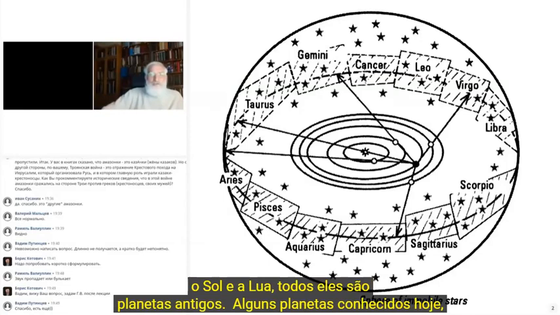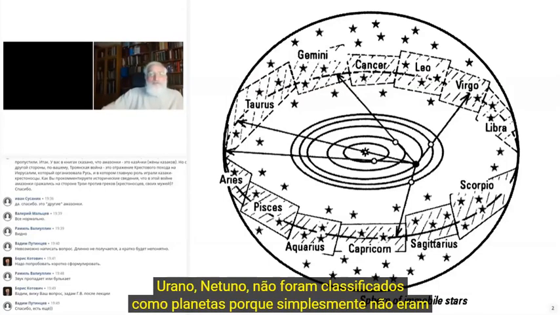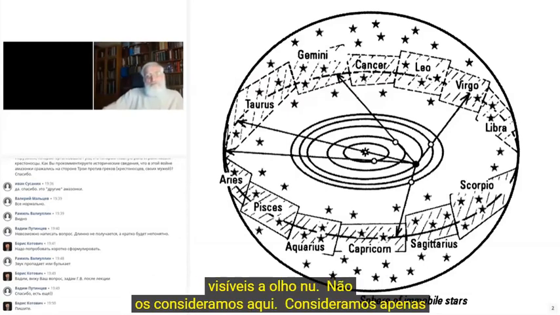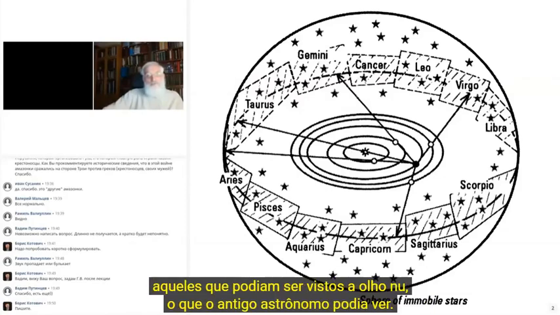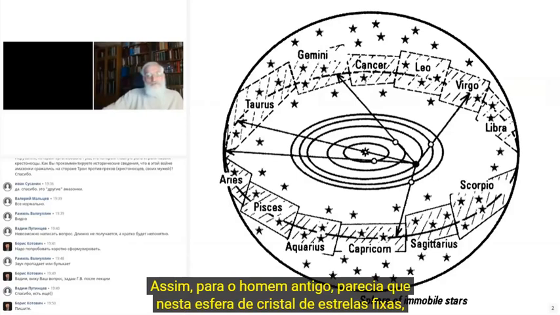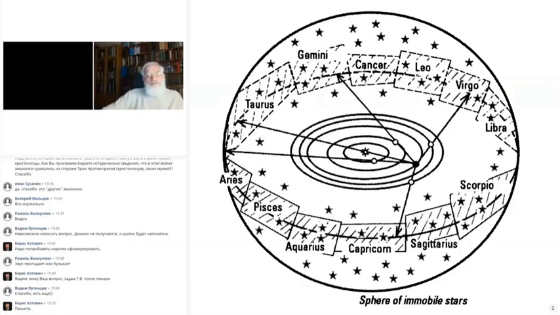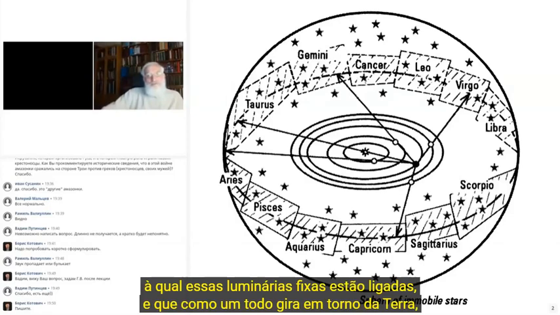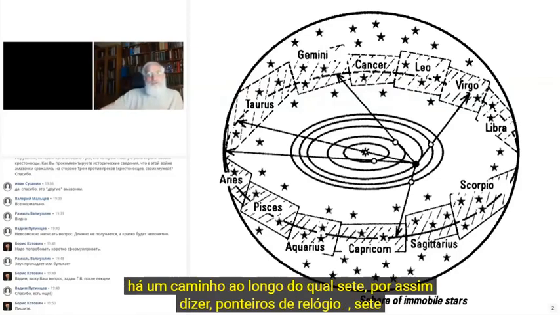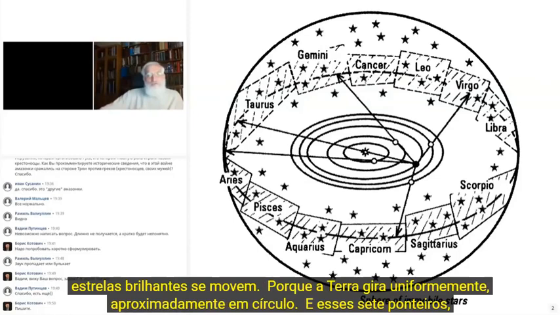Some planets that are known today, Uranus, Neptune, were not classified as planets because they simply weren't visible to the naked eye. We don't consider them here. We only consider those that could be seen with the eye, what the ancient astronomer could see. So, to the ancient man, it seemed that on this crystal sphere of fixed stars, to which these fixed luminaries are attached, and which as a whole rotates around the Earth, there is a path along which seven, as it were, clock hands, seven shining stars move.